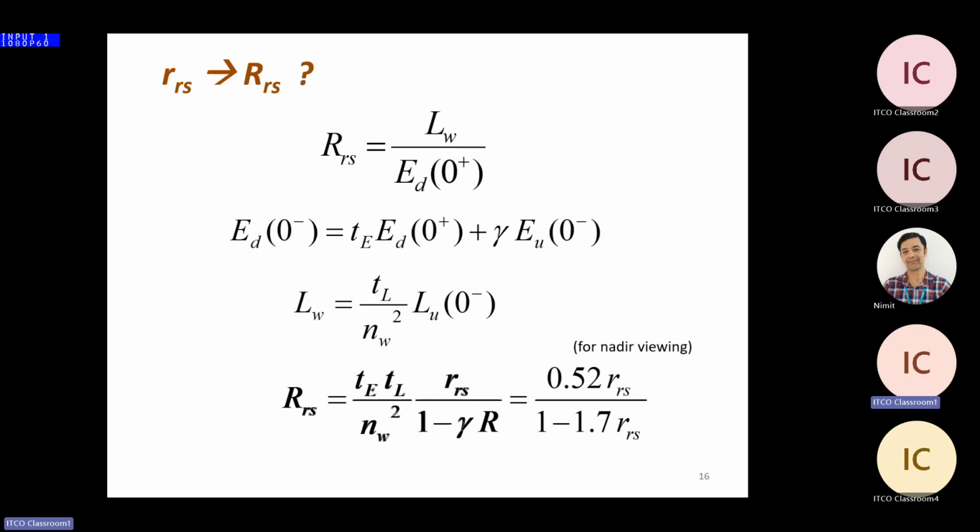For the nadir angle, this part, roughly based on hydrolight simulations, is about 0.52. This R and gamma R is roughly 1.7 times small RS. So now you see below-surface RS and above-surface RS are connected.